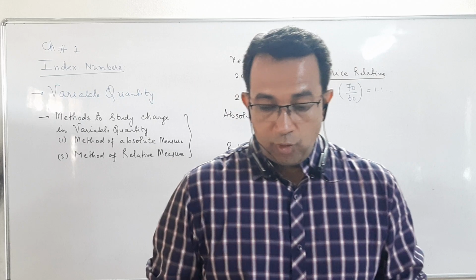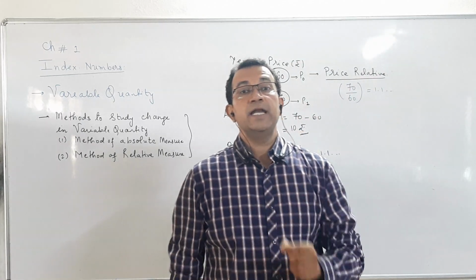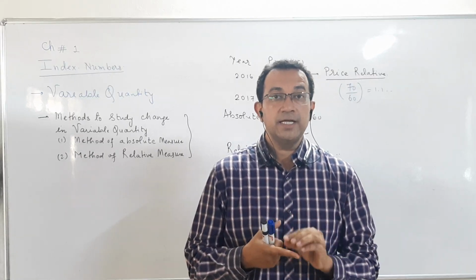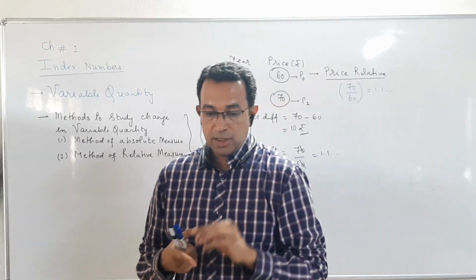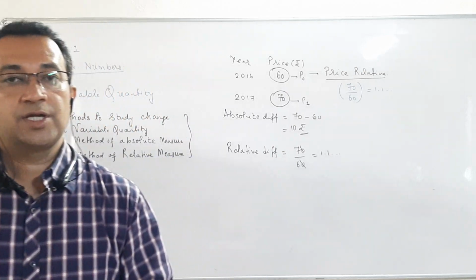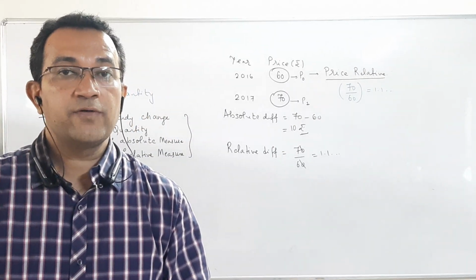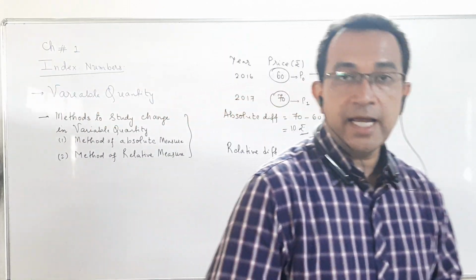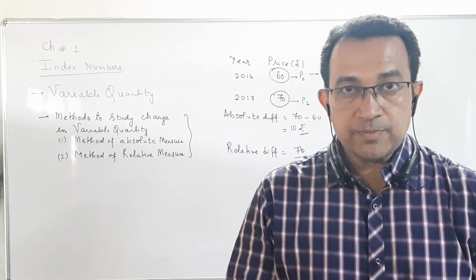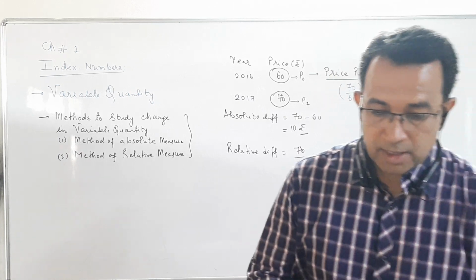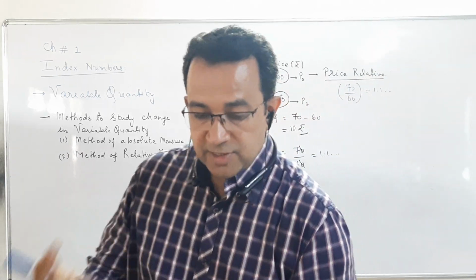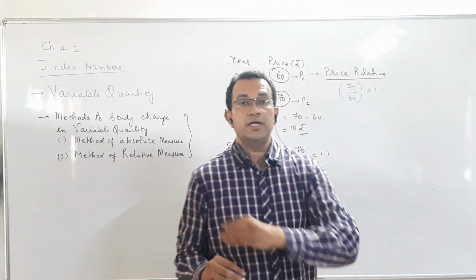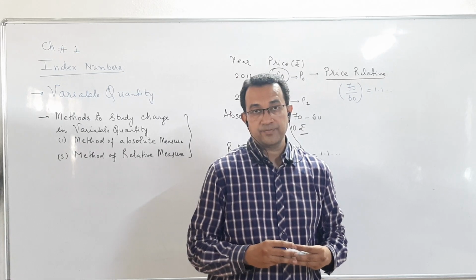Now students, what is index number? The percentage change in the values of a variable quantity associated with any item for a given period of time compared to its value in a fixed period of time is called an index number.